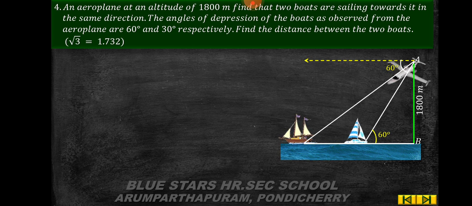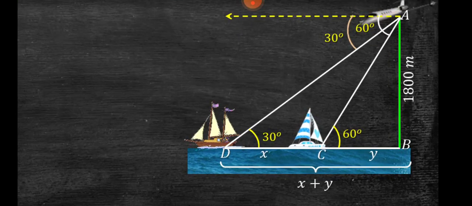Then the angle of depression from the aeroplane to the second boat is 30 degrees. You have to find the distance between the two boats. So mark the points as A, B, C, D. The distance between the two boats is x and the distance BC is y. So the distance from B to D is x plus y.